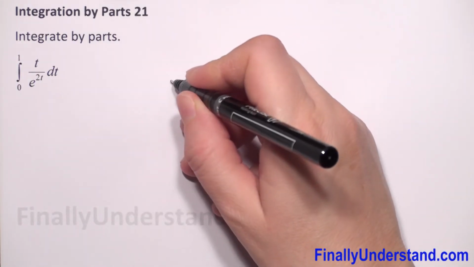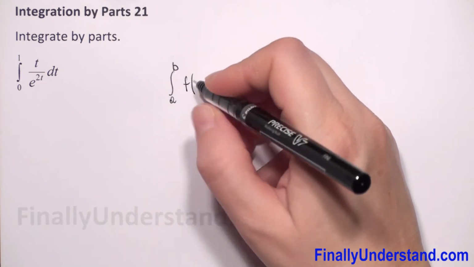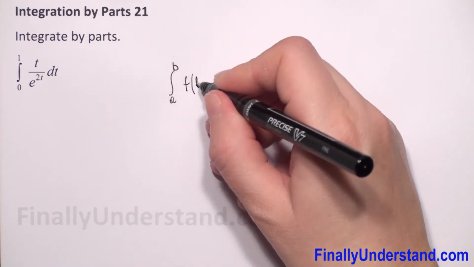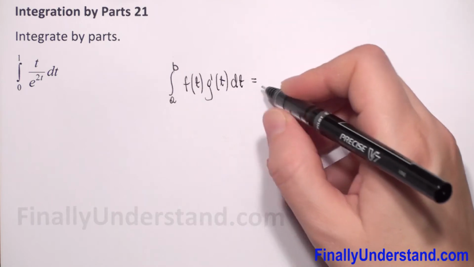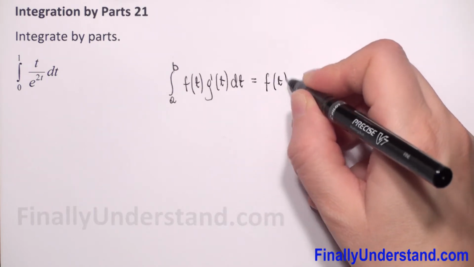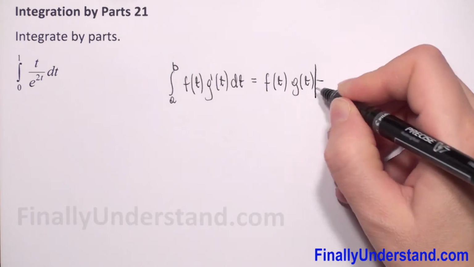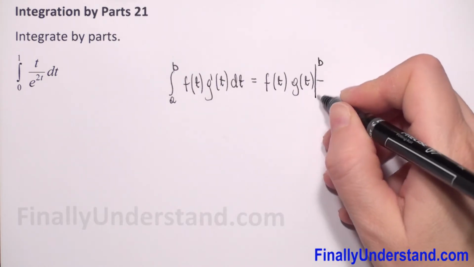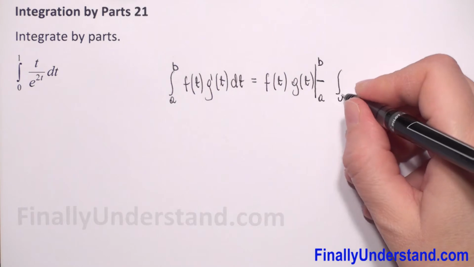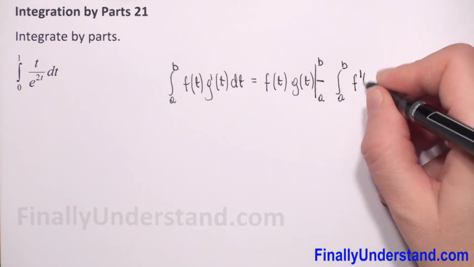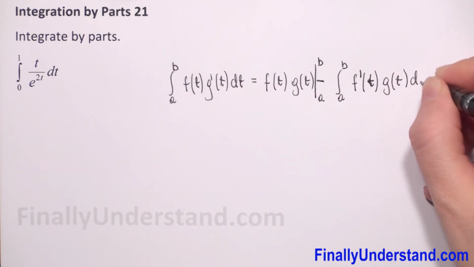When we have the integral from a to b of f of t times g prime of t with respect to t, this is equal to f of t times g of t, and I forgot, we have to put limits first, from b on the top and a on the bottom, minus the integral from a to b of f prime of t times g of t with respect to t.